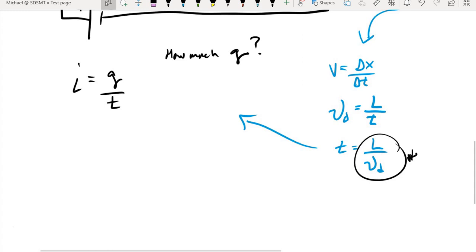And the way that we're going to do that: every material is unique. That's why we have different elements on the periodic table. But every material has its own number of available charge carriers.